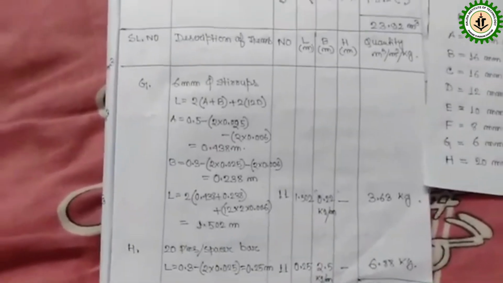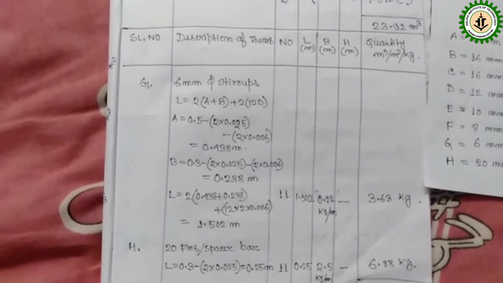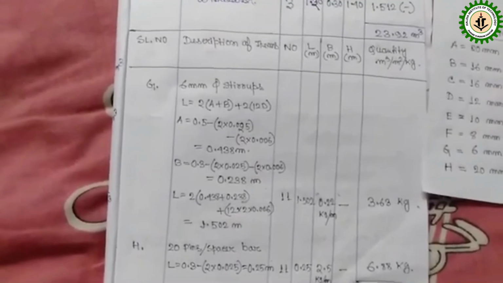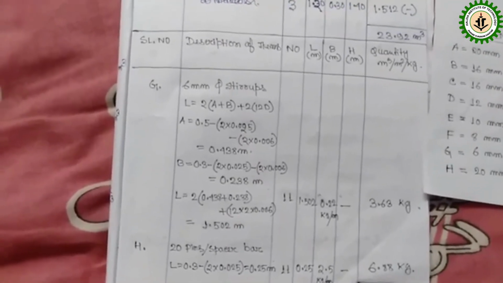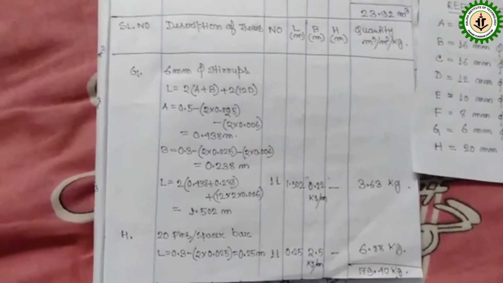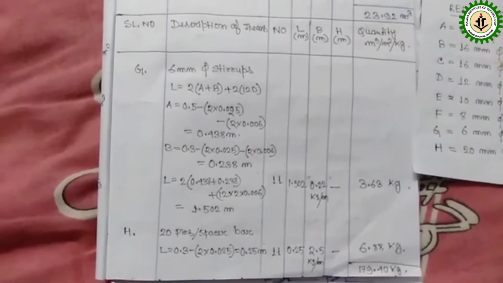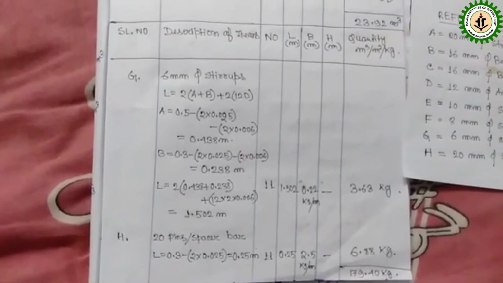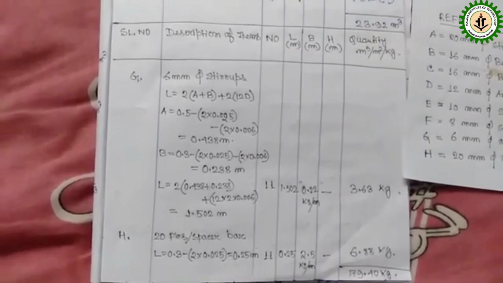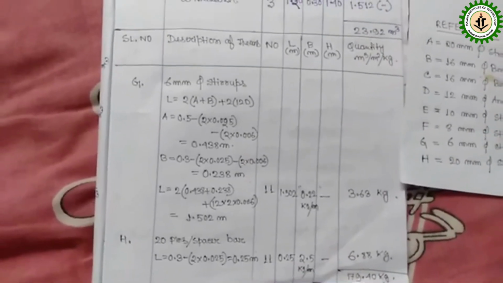The length calculation of the spacer bar is very easy, because this is a pure straight bar. We don't have to provide any hook in this spacer bar, because it is used only to maintain the distance between two bars. So this bar is provided laterally, not longitudinally. So we have to consider the thickness for the length calculation of the spacer bar.